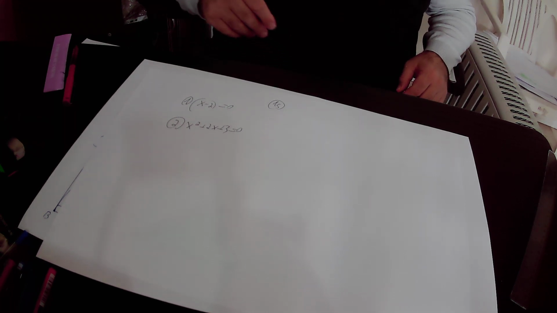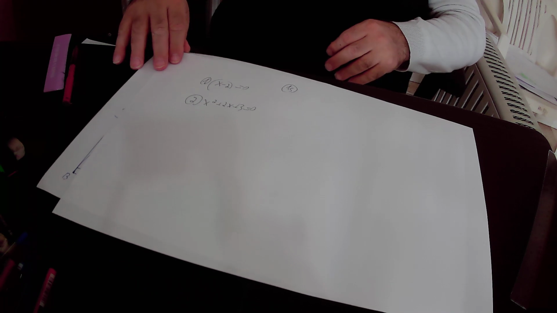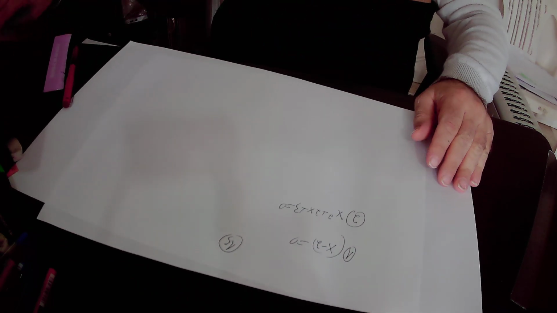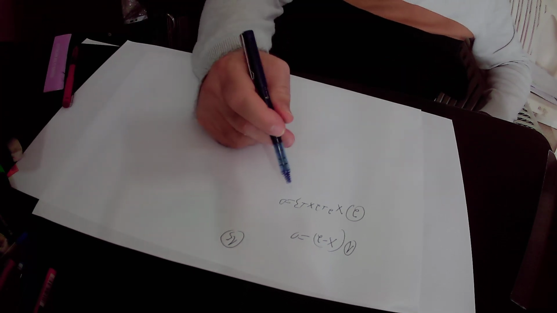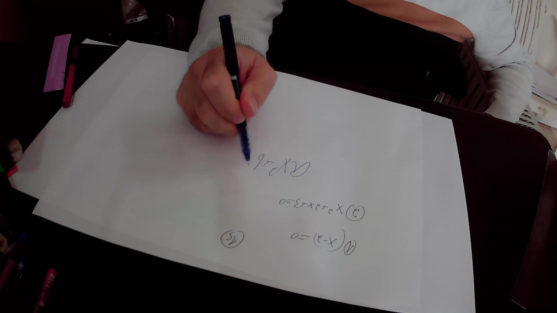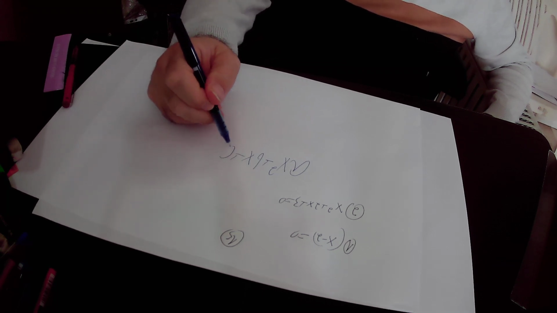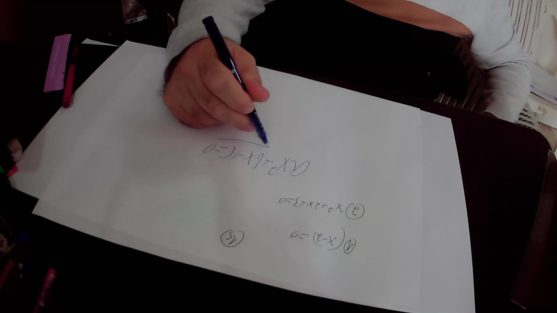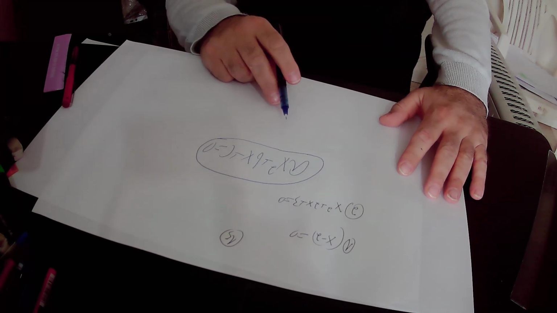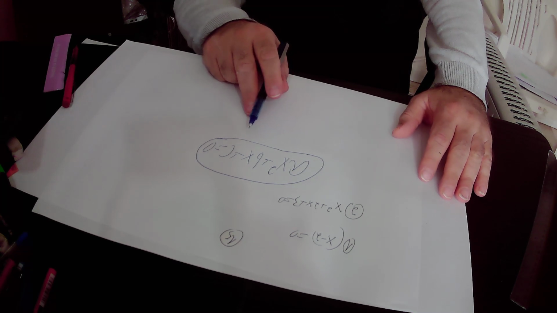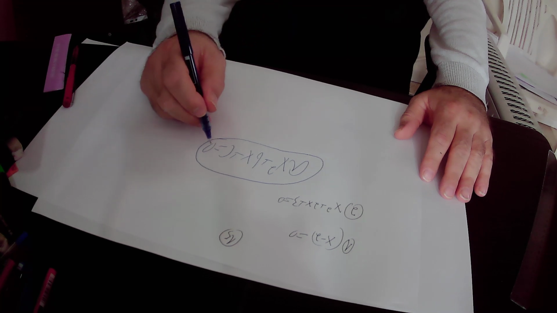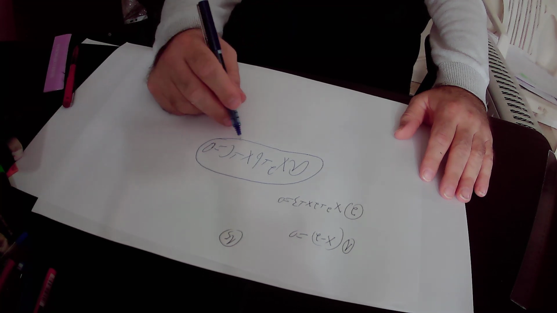The general formula for a quadratic equation is ax squared plus bx plus c equals 0, where a, b, and c are the coefficients and x is the variable we are looking for.